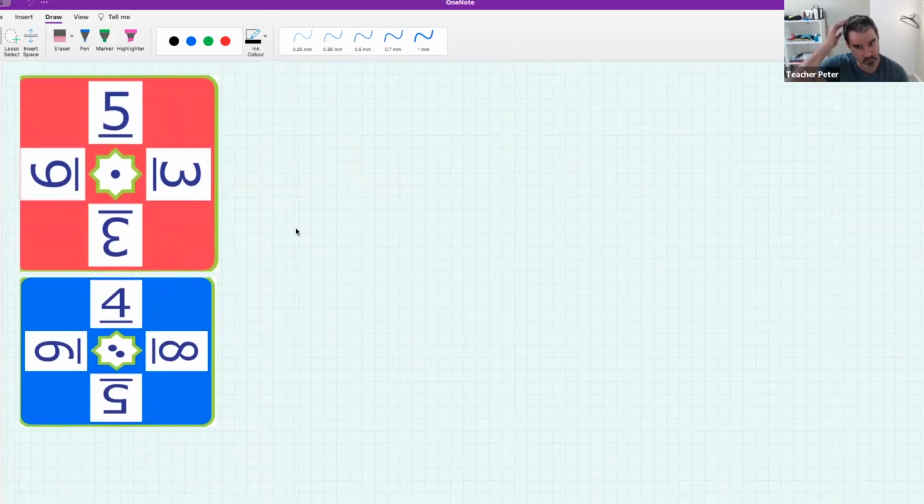Can you figure out how to make 24? So there's a 3, 3, 6, and a 5, or a 9, 5, 8, and a 4. Who can make 24 using those numbers?